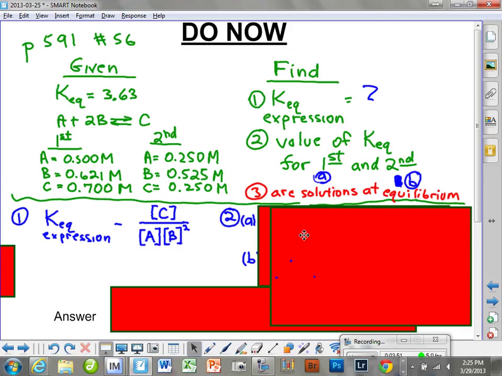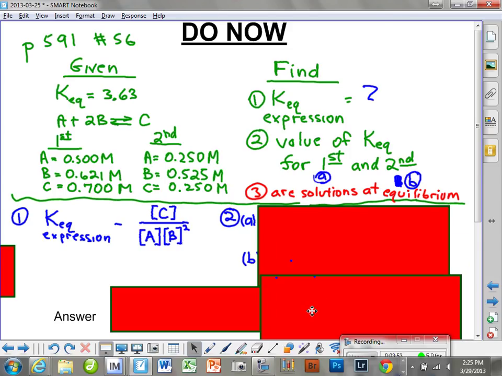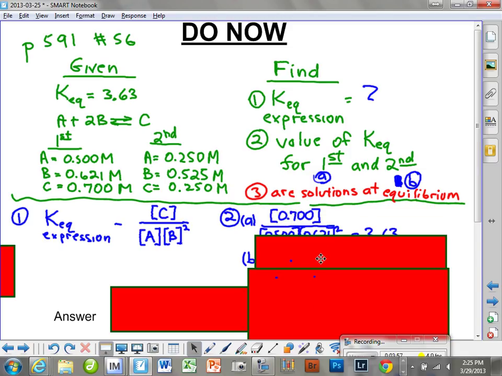Now, let's see if we can figure out the rest. Look! Can you see where the 700 came from? The 700 is letter C in the first one, and it is a product in the equation, so that's why it's on the top.